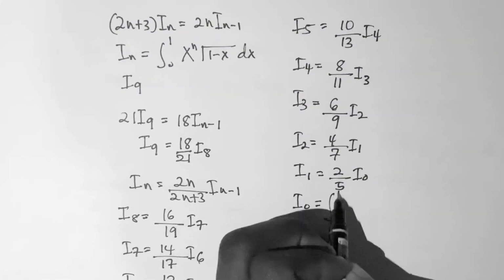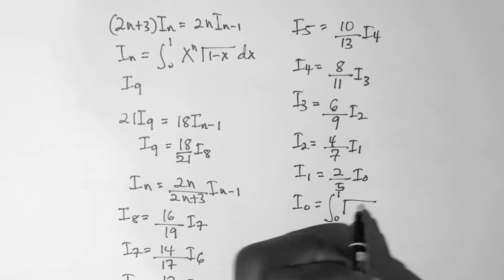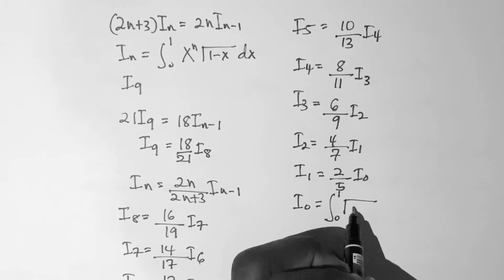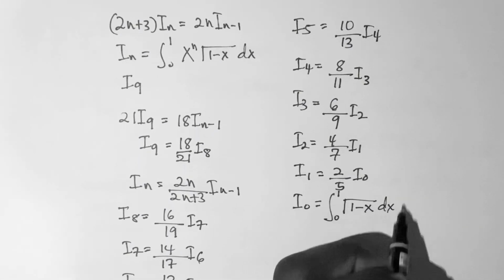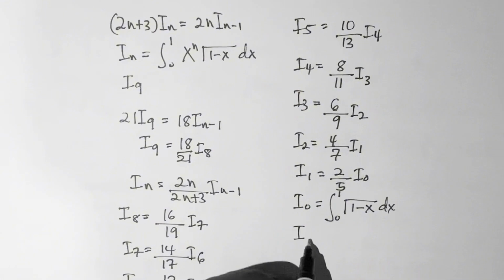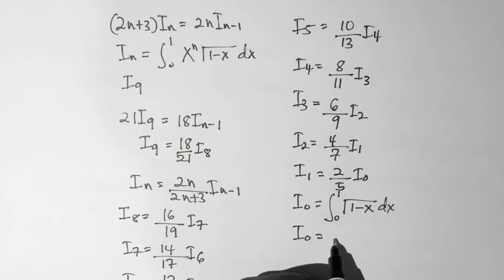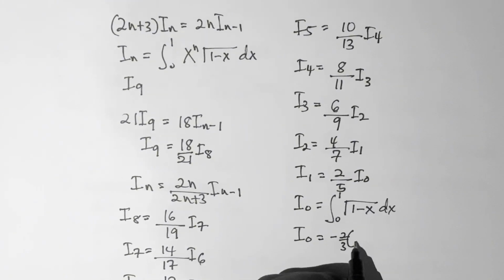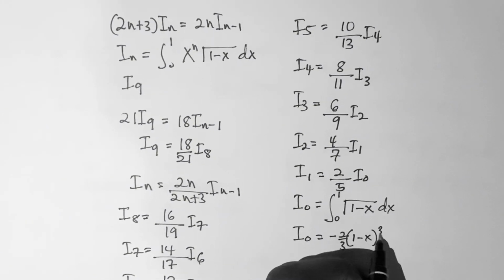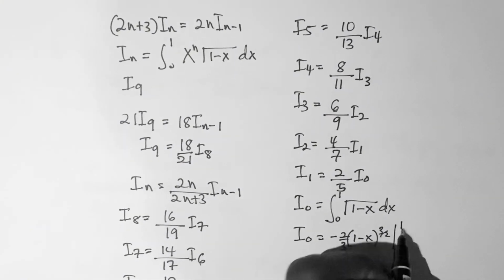Then I of 0 is equal to, now if you put 0 here, we are going to get the integral from 0 to 1 of x exponent 0, which is 1. So we are only going to be left with the integral of square root of 1 minus x dx. But we already know this answer because that is what we did earlier. So in that case, we said it was equal to minus 2 over 3 into bracket 1 minus x exponent 3 over 2, all of this evaluated at 0 and 1.